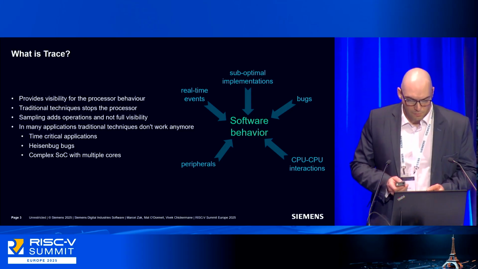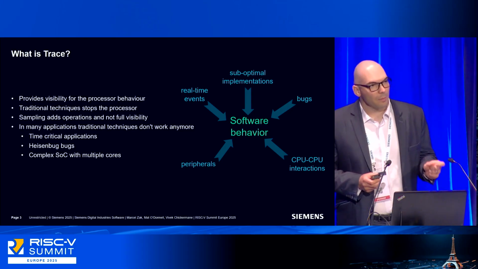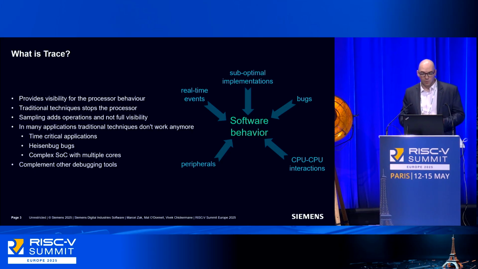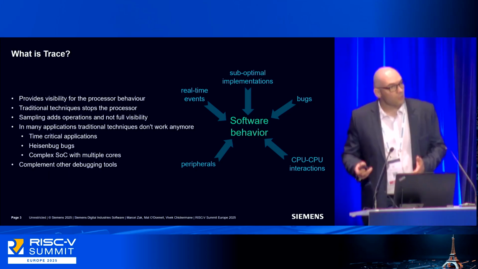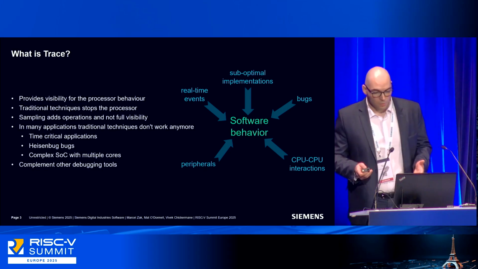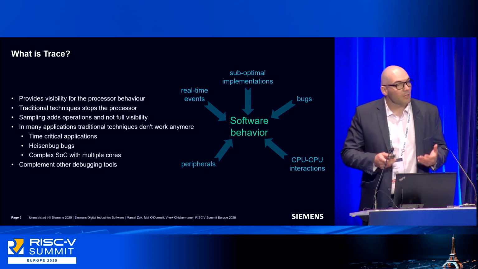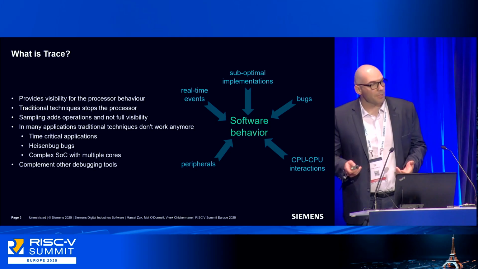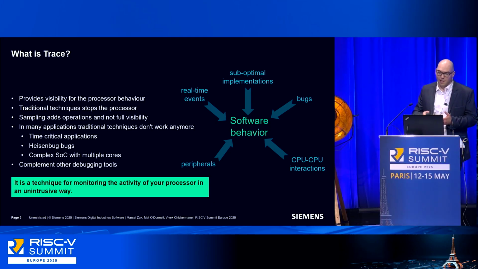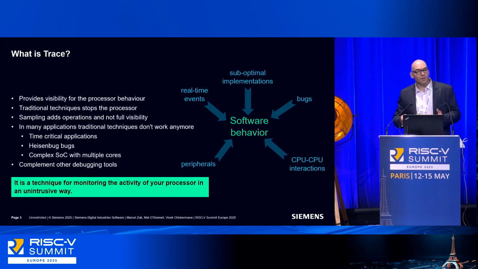It's especially useful for identifying suboptimal implementations and understanding complex system behaviors. Best of all, trace can complement other debugging tools, working alongside run control, code coverage analyses, reverse debuggers, and quality assurance tools to give you a complete picture of your system's behavior. To summarize in a single sentence, it's a technique for monitoring the activity of your processor in an unintrusive way.